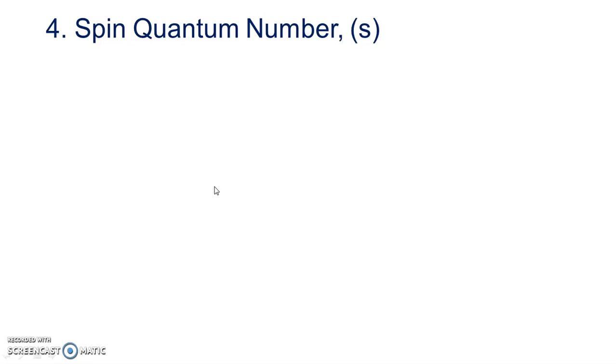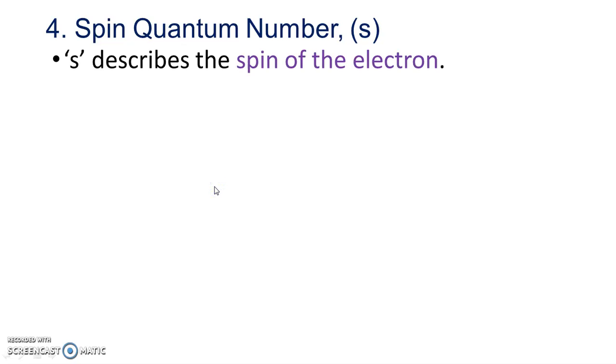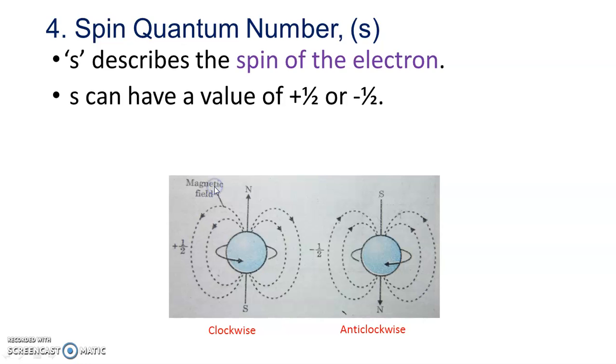The spin quantum number is very simple. This quantum number describes the spin or orientation of the electron, and it can be clockwise or anti-clockwise. s can have two values: +½ when the electron spins clockwise, or -½ when the electron spins anti-clockwise.